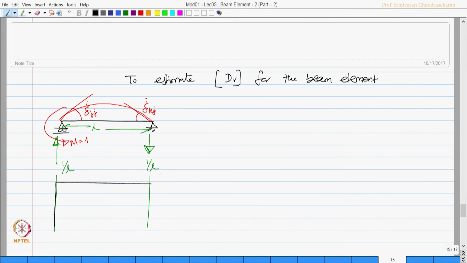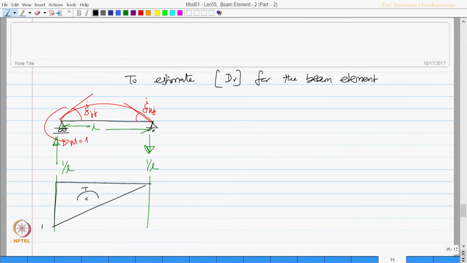So, this value is going to be 0 here, this is going to be 1, which will have tension at the top and compression at the bottom. Okay. So, let us now replace this loading diagram with a conjugate beam.